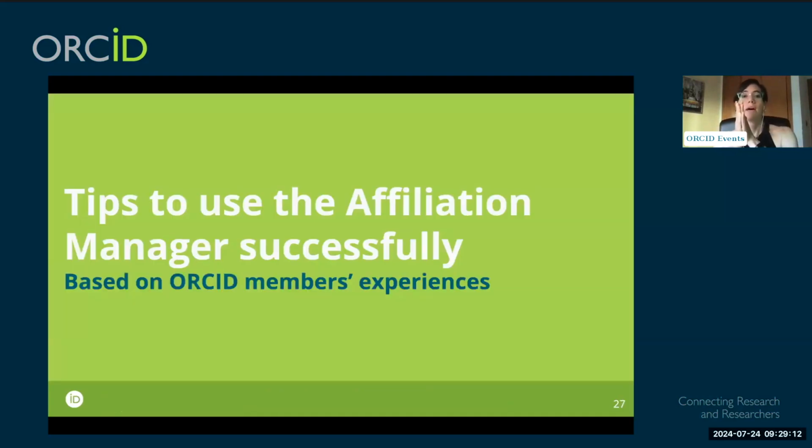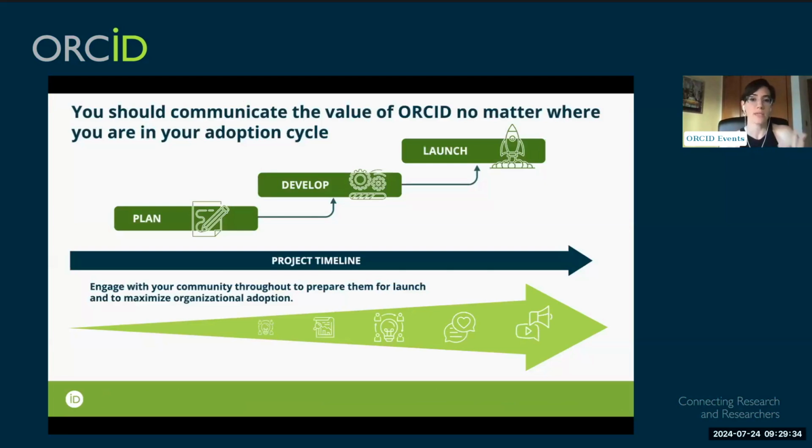And now that we have covered how the tool works per se and how researchers see those notifications and the authorization process, there are some tips to use the Affiliation Manager successfully, based, as mentioned, on ORCID members' experiences. So in general lines, you need to think of the usage of the Affiliation Manager as any other integration. Here, what we need to consider is plan, development, and launch.